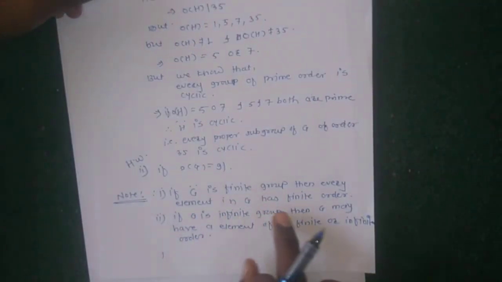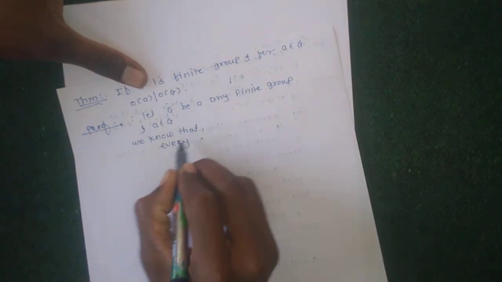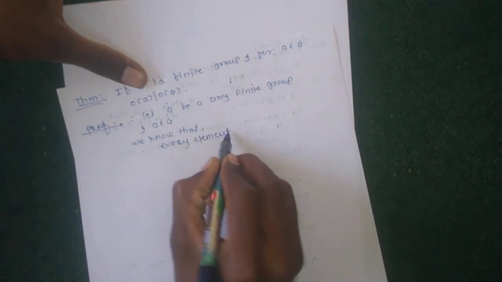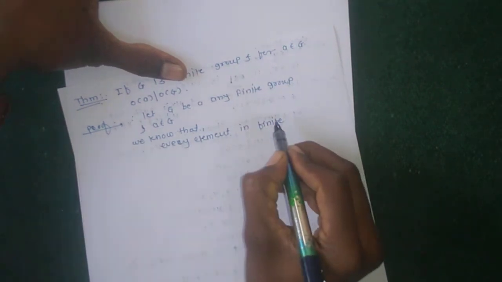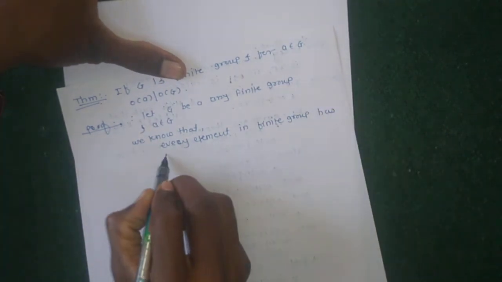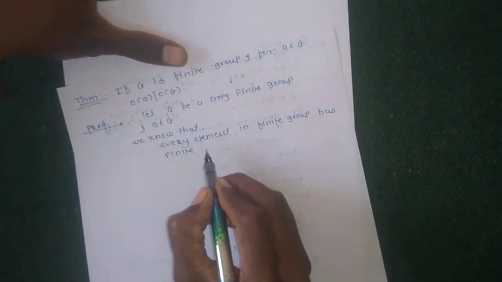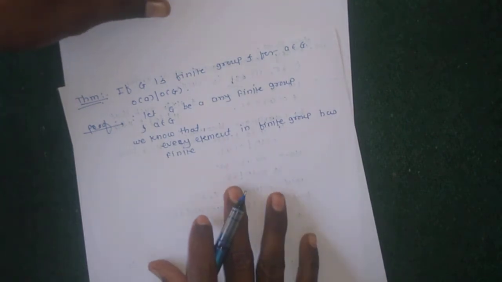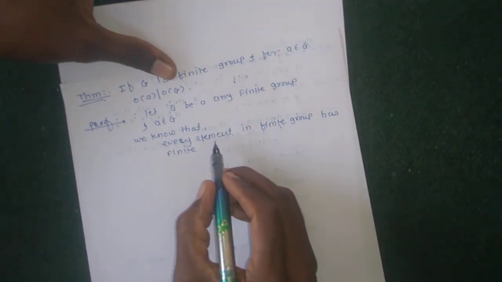Okay, this note: if G is a finite group, then every element in G has finite order.